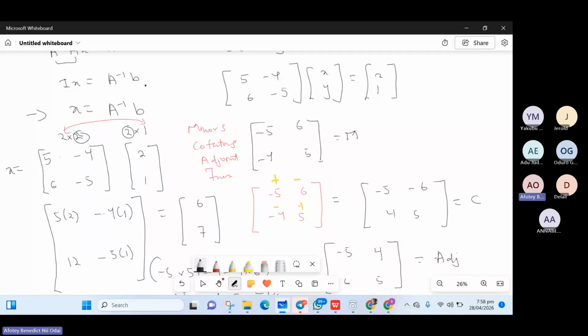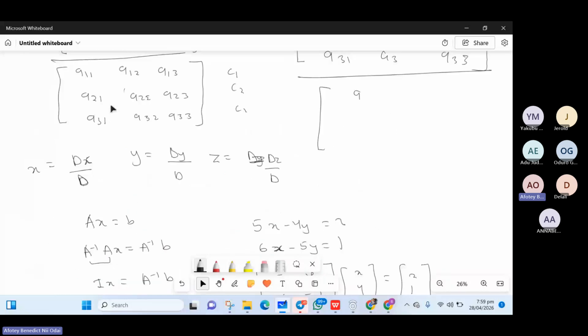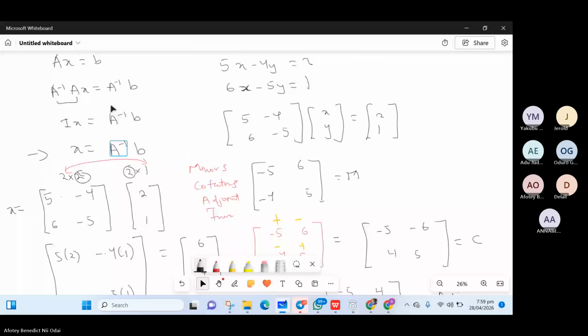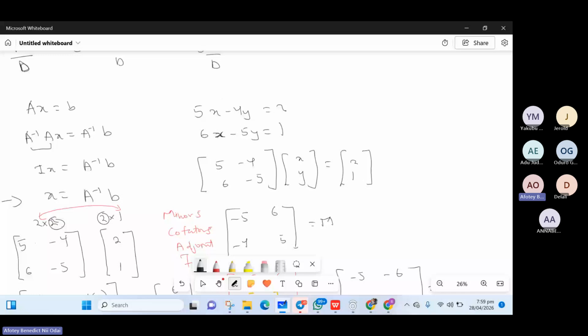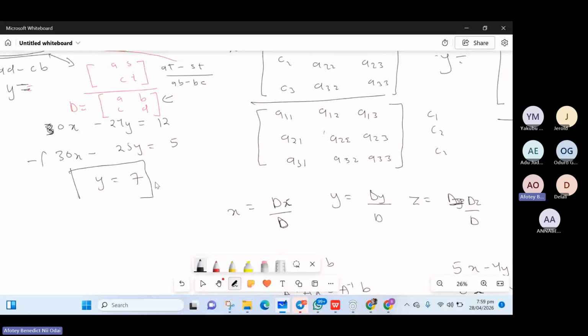So with this, we can tell that the answer for our matrix equation is x equal to 6 and y equal to 7. I think we solved this somewhere. Yes, we got y equal to 7 when we used the elimination method.